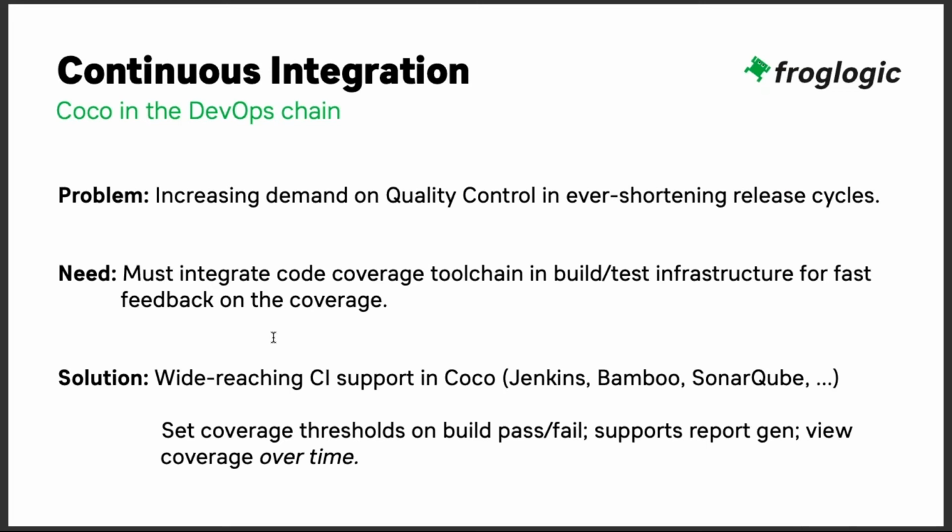So with the Coco Jenkins integration, you could say we want X% of coverage for each build with new commits and fail the build if it doesn't reach that coverage threshold. And with this integration, it automatically gives you a report and gives you that fast feedback. We do support integrations with other CI systems not listed here that can be achieved with a set of command line tools.